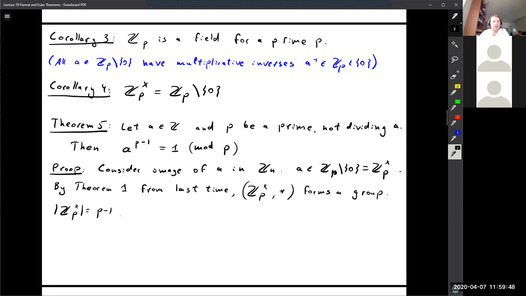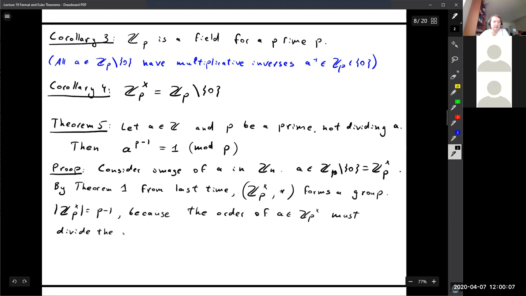Because the order of every element, order of A in Z_P cross, must divide the order of a finite group, we get that A to the power P minus 1 equals 1 in Z_P cross.